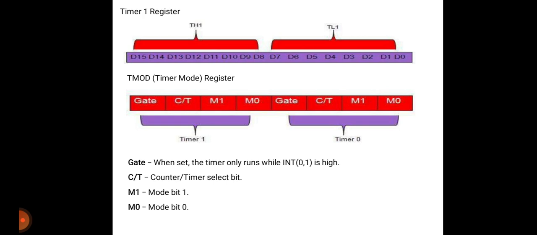Then CT means counter or timer select bit. Whenever you have to select counter or timer in your controller, you use this bit. Then M1 is the mode 1 bit and M0 is the mode 0 bit.